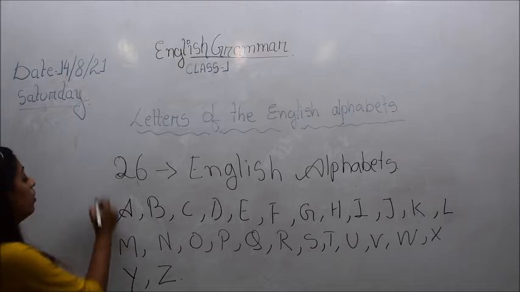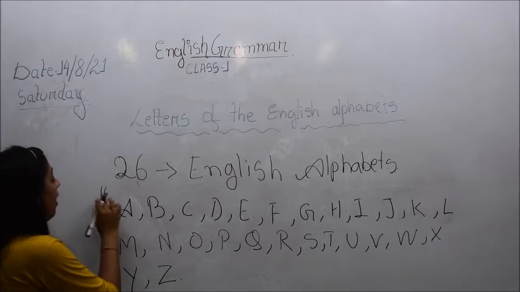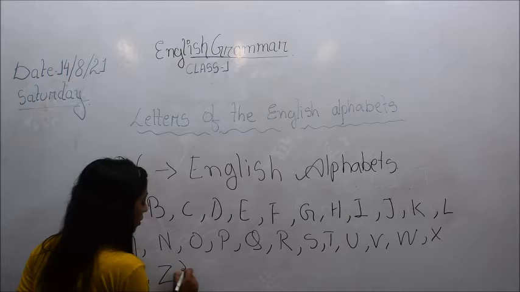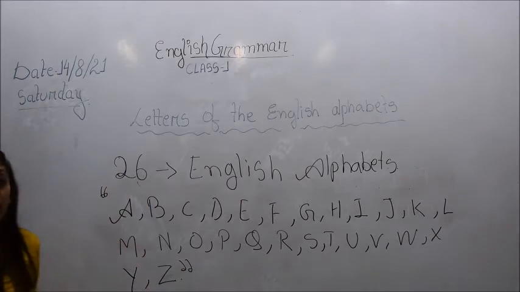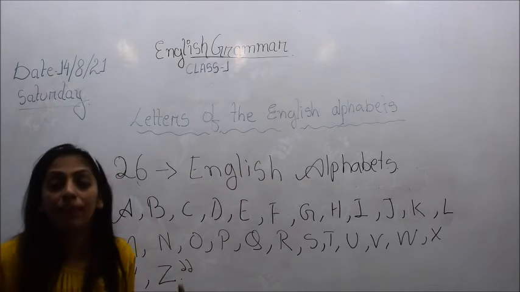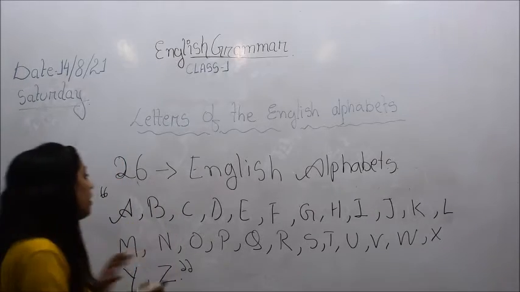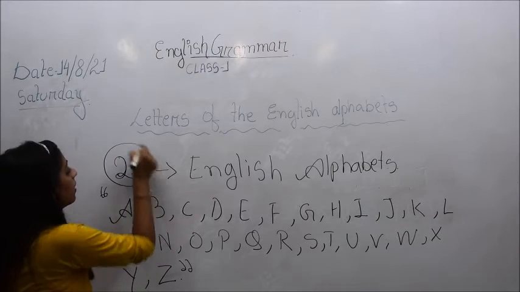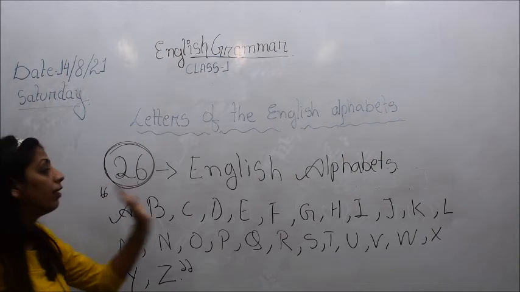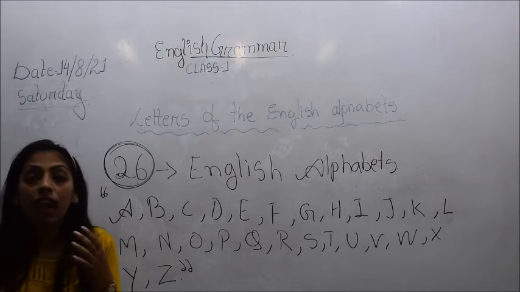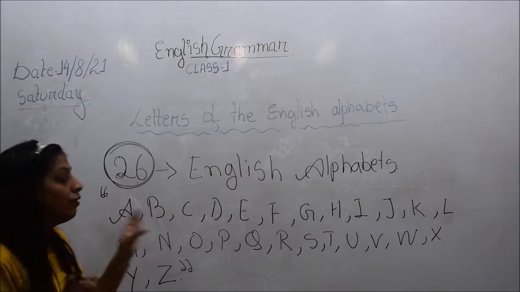There are 26 alphabets in the English language. If I ask you how many alphabets there are, you will say there are 26 letters in the English alphabet. Now we will count how many there are.